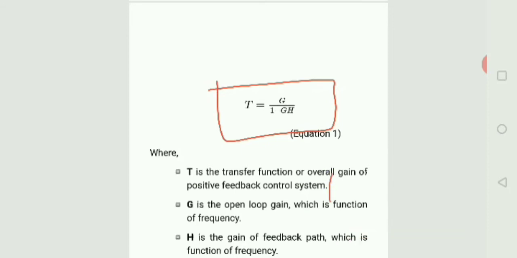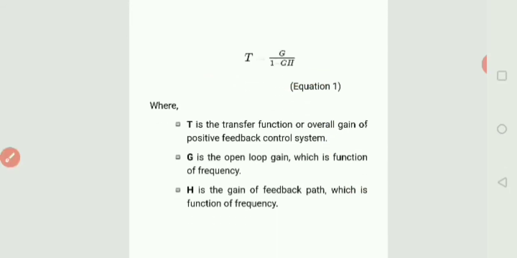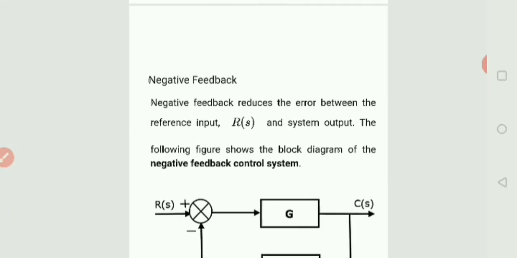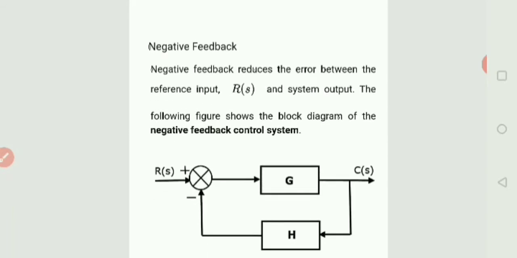Here T is the transfer function, or we can say the overall gain for the positive feedback control system, and G is the open loop gain and H is the gain of the feedback path. In the same way we can calculate the negative feedback signal. What is a negative feedback signal?